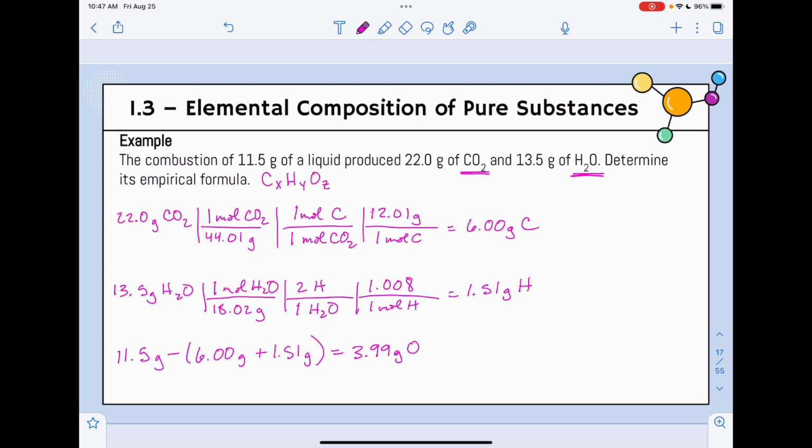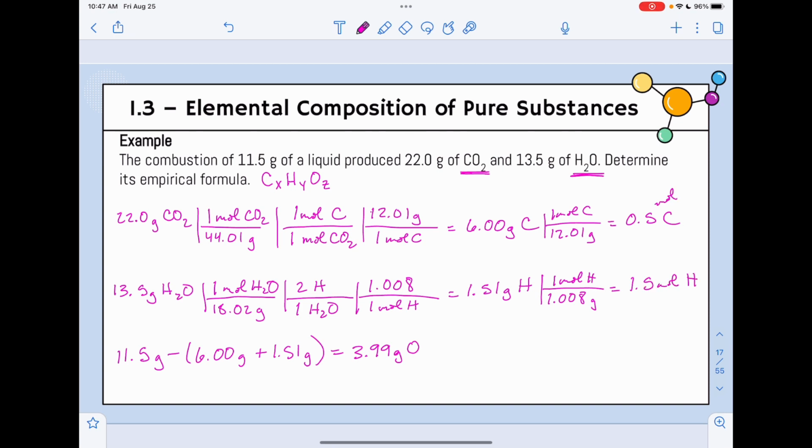So carbon, again, seems kind of silly because we're going a step backwards. 1 mole of carbon has a mass of 12.01. That comes out to be 0.5 moles of carbon. And 1 mole of hydrogen has a mass of 1.008 grams. Should keep my units in. Which comes out to be 1.5 moles of hydrogen.